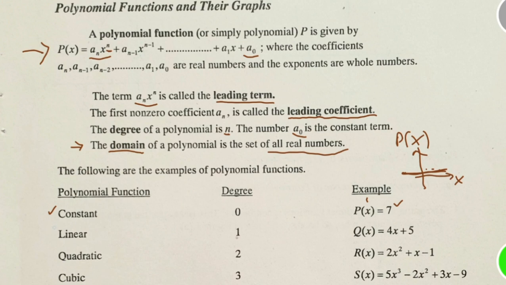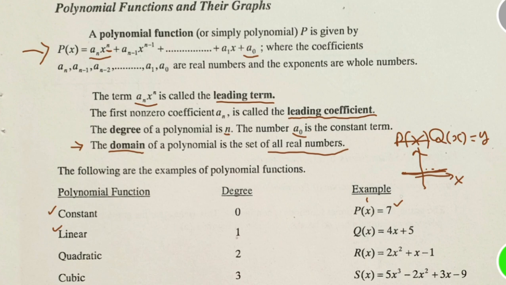And a polynomial of degree 1 is called a linear function. Why? Because if you draw the graph of this polynomial by putting x horizontal and q of x vertical, or you can write y, then you get y is equal to 4x plus 5.